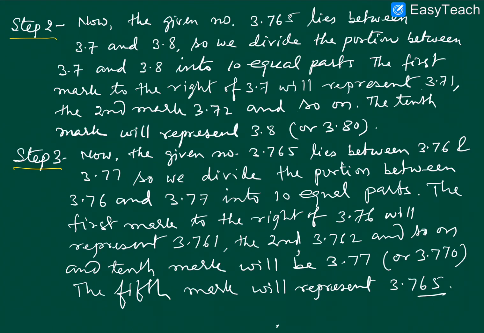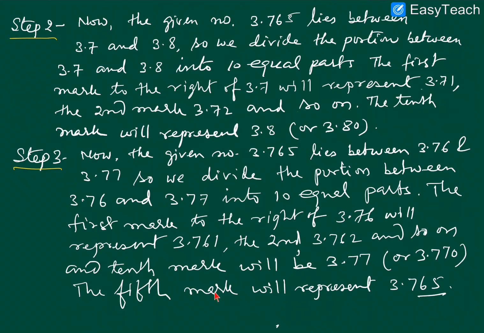So the mark right to 3.760 will be 3.761. The second mark will represent 3.762 and so on. And the last mark, that is the 10th mark, will represent 3.770 or 3.77.